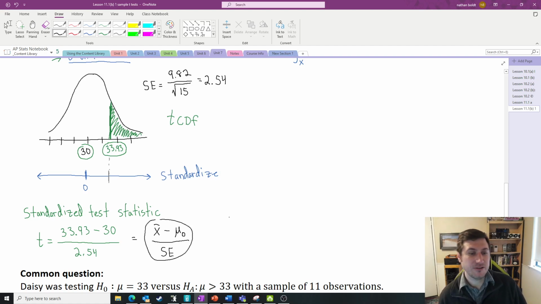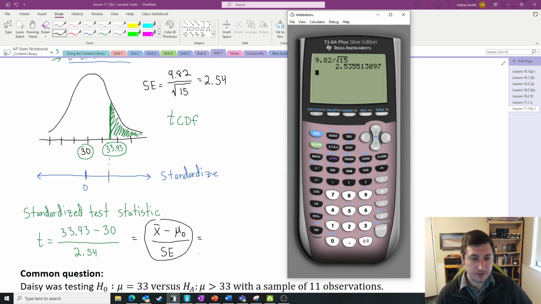How many standard errors away is it? So just throw that into the calculator. 33.93 minus 30 divided by 2.54 gives us a t statistic here of about 1.55.